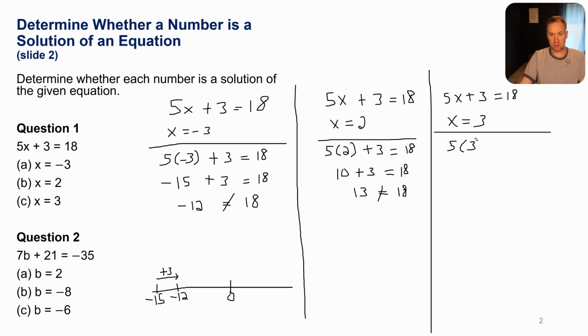Substituting the 3 for the x variable, I now have 5 times 3 plus 3 equals 18. 5 times 3 is 15, and 15 plus 3 is indeed equal to 18 here. So our answer choice for question number 1 is x is equal to 3.